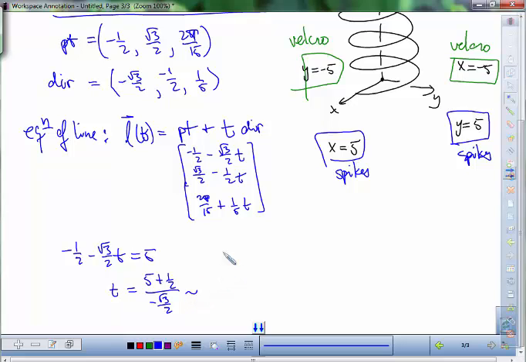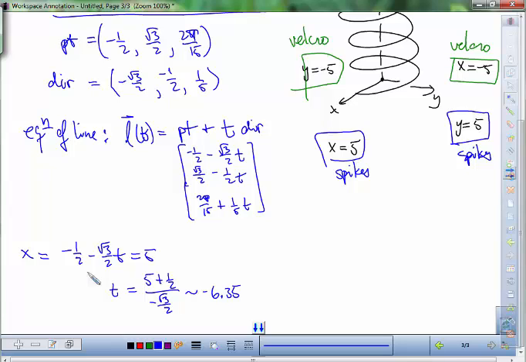Can you guys give me a t value for that? Negative 6.35. So it's going to take negative 6.35 for this thing to hit the, which one did I set? I set x equal to negative 5.